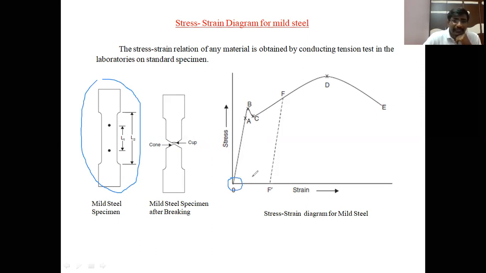Before applying the tensile load on the specimen, by increasing the tensile load on the specimen, the stress increases within the specimen. Along with the stress, the strain also increases proportionally up to point A. That means the stress is proportional to strain up to this point A. This point A is called the limit of proportionality.